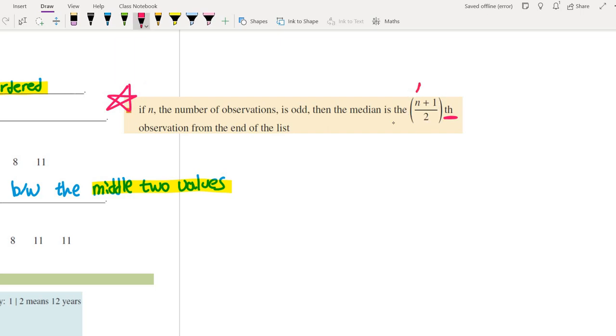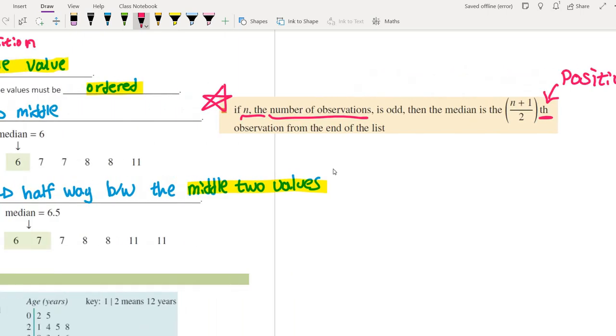N is the number of data. If you add 1 to N and divide it by 2, that's going to give you the position where the median is in your data. This way it's a lot quicker, and you just count to that position in your data.